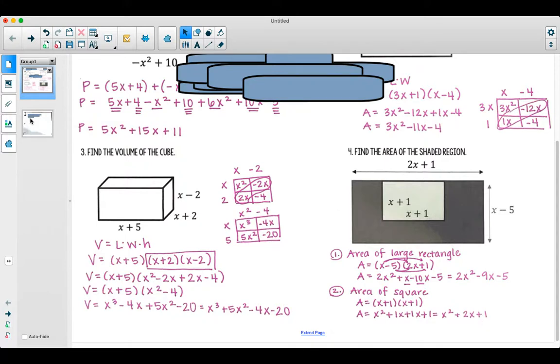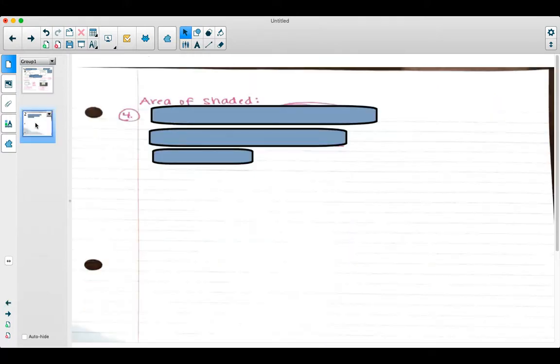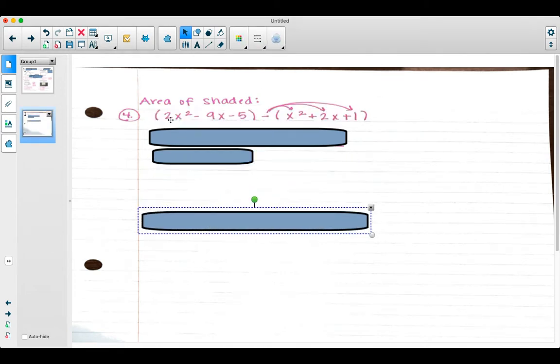I ran out of space, so I have to go to my next page. Now, when I want to find the area of the shaded region, I'm going to take the area of the large rectangle and subtract from it the area of the square or the unshaded region. Remember, when I'm subtracting, I need to distribute that minus sign to everything in that second parentheses.